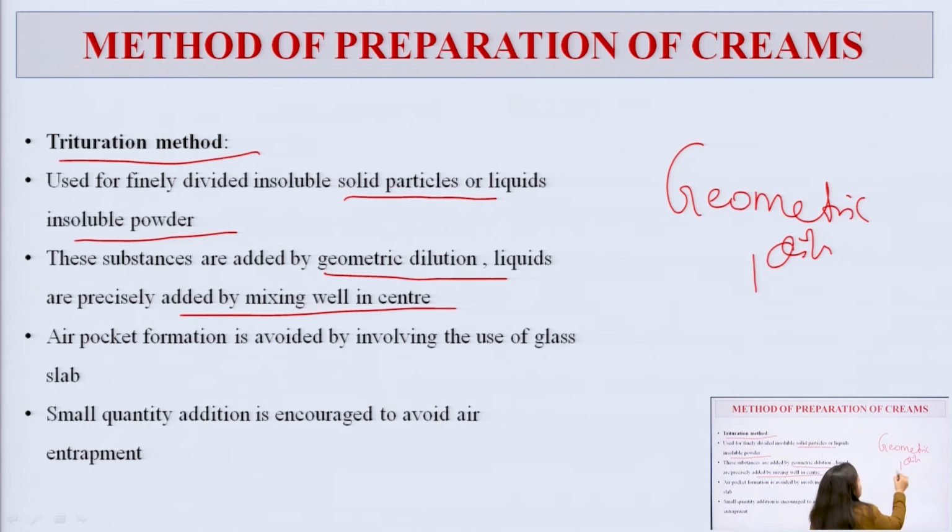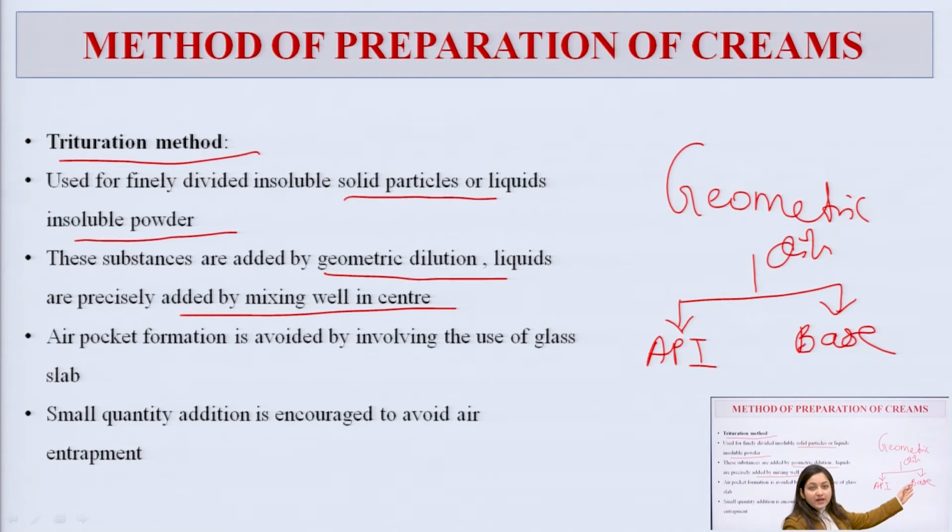In order to understand geometric dilution, I am considering the presence of API and the presence of base, because without base our API cannot be formulated, incorporated or supplied to a particular patient. For example, if I have 5 gram API and 100 gram base, and I am supposed to incorporate this 5 gram API into the 100 gram base, I may not directly add the 5 gram API into the 100 gram base, because if I do so, inaccuracy may occur.